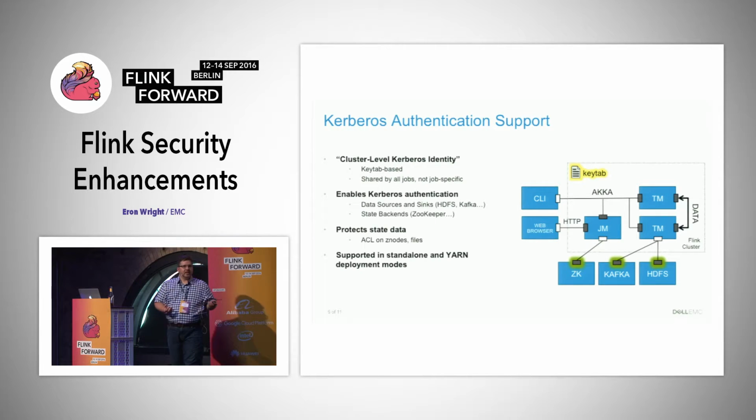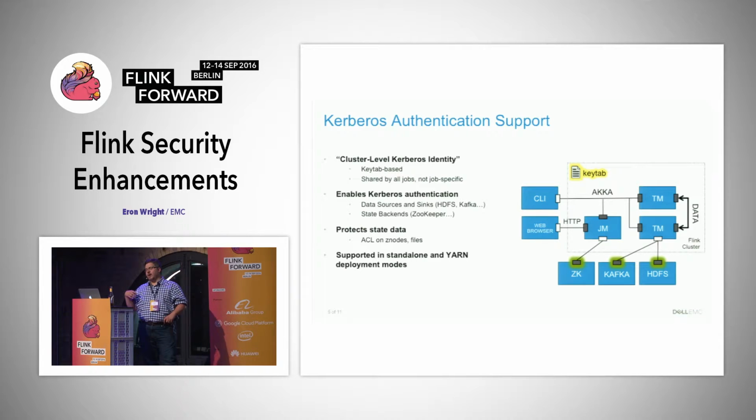All right? So when we think about how a Flink cluster could be launched and given a Kerberos identity that it can then use for services like this, we have to give that Flink cluster a key tab. When we do that, that's awesome, because then the entire Flink cluster has this key tab at its disposal whenever it reaches out to connectors or other external systems to authenticate with.